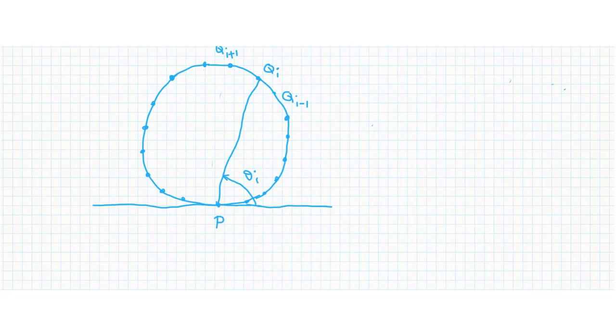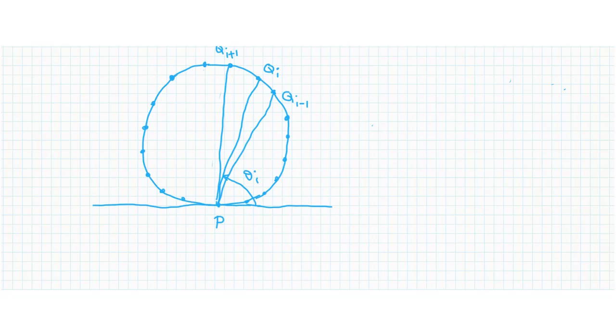I have drawn some definitions and details here. We will be choosing several points on the circumference of the circle, and Qi is one such point. Its neighbors are Qi minus 1 and Qi plus 1. Let the chord PQi make an angle theta i with the horizontal. So let's also look at the adjacent chords.